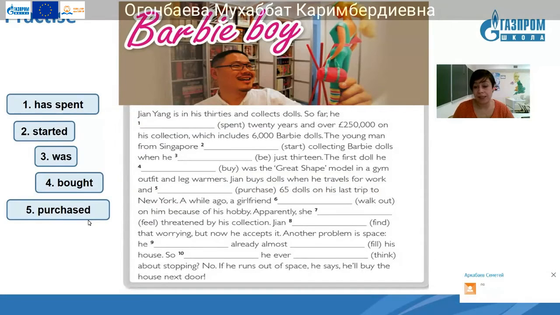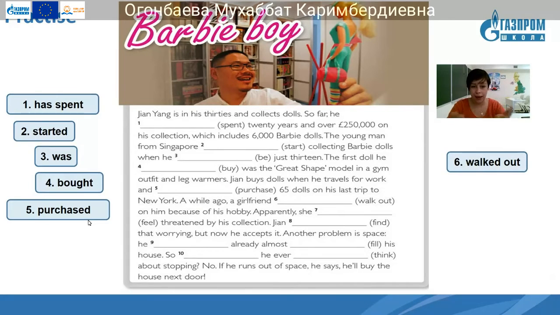A while ago, a girlfriend walked out on him because of his hobby. Walked out, yes. She just left him. If we use a word showing that they are not together anymore, what word combination would you use here? Walk out means she left.